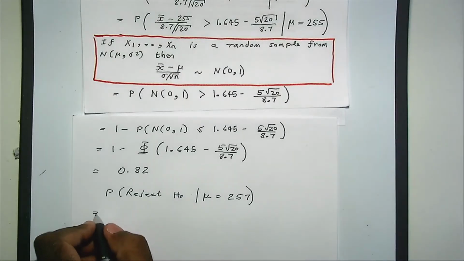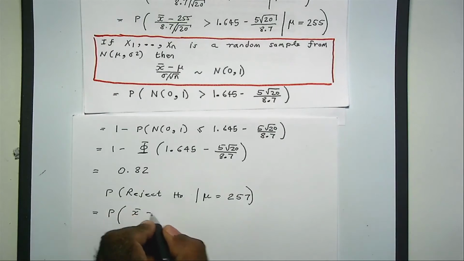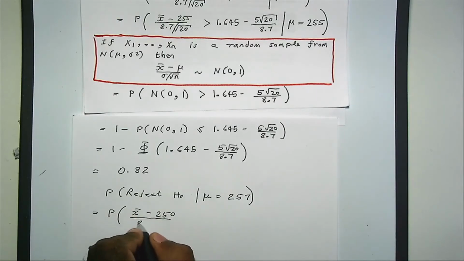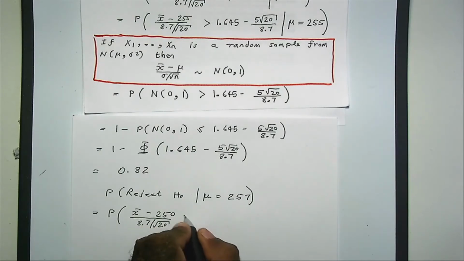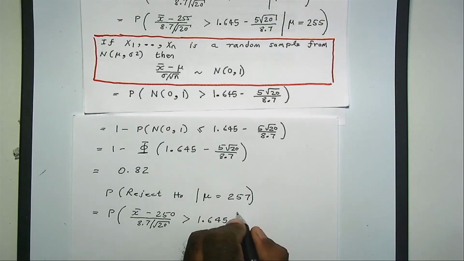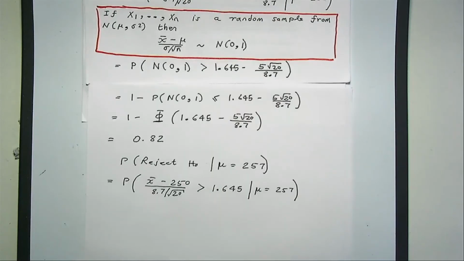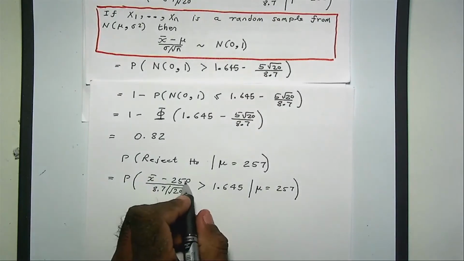So this would be the probability that, the next thing I'm going to do is to make this into 257.